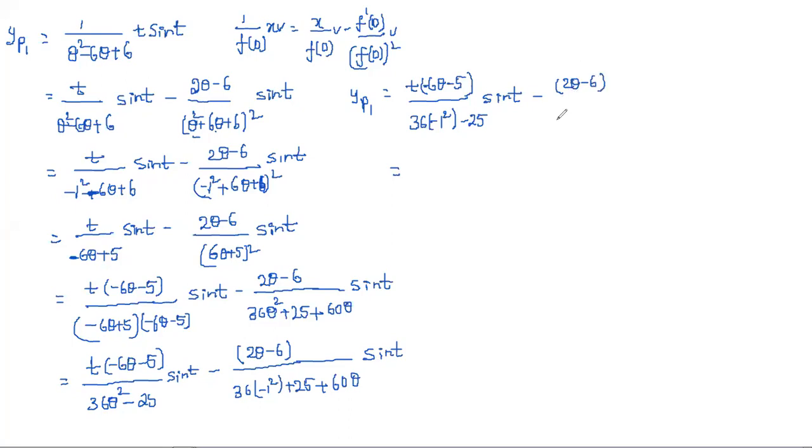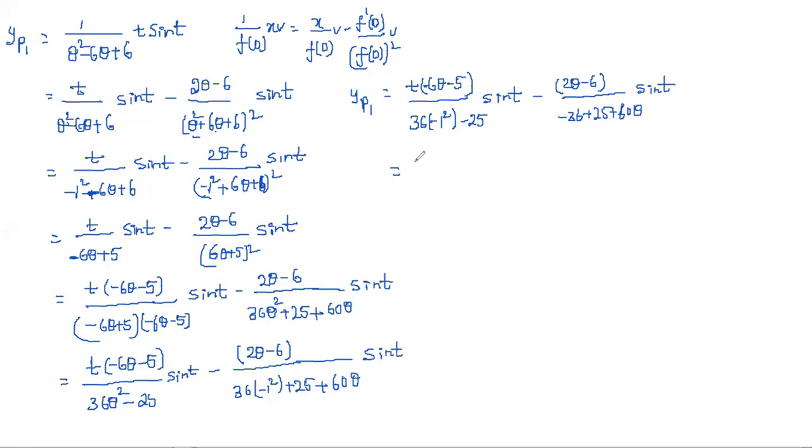So this is minus 36 plus 25 plus 60 theta. 6 theta plus 5, so that is 36 theta square plus 25, and this is 2ab, so 2ab is nothing but 60 theta into sine t.